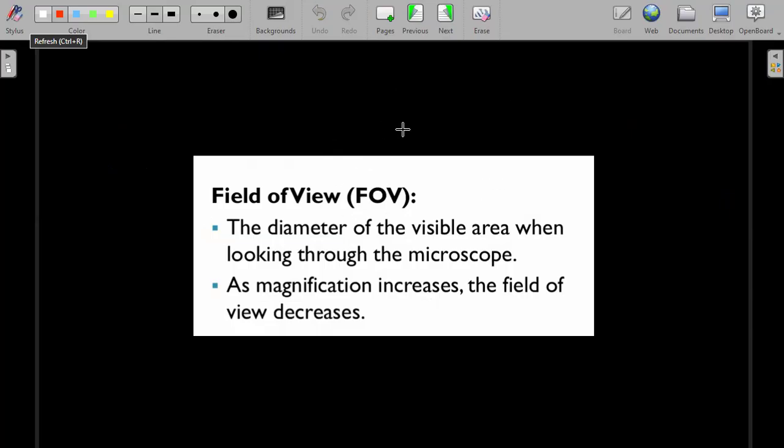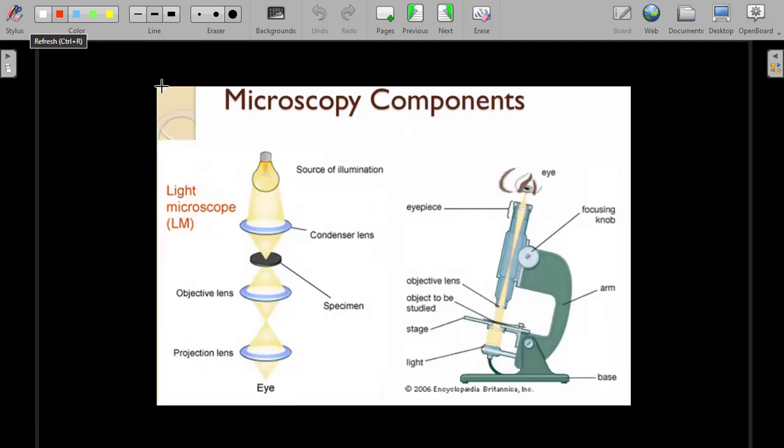So now I'll give you an assignment. When you leave class, you should take your time to look at the parts of the microscope. Try to know how a microscope looks, and also identify some of the parts of this microscope.